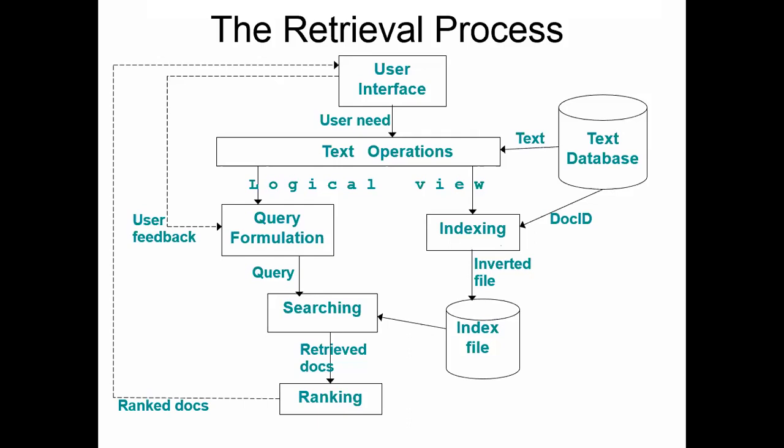That means tokenization, stopword detection, normalization, stemming, whatever steps that we take for preparing the document when we are trying to index it. The same steps should be applied also when we are preparing the queries for searching. Once the query is formulated, then searching is possible.